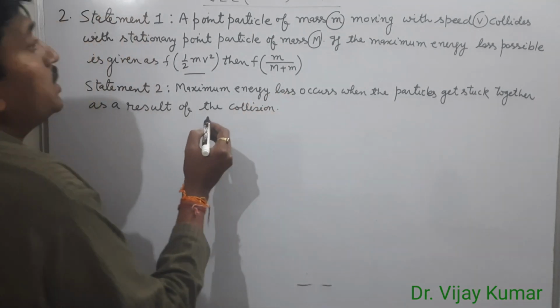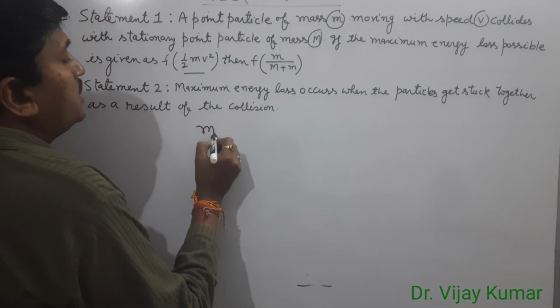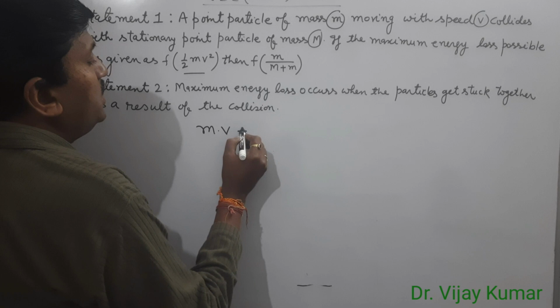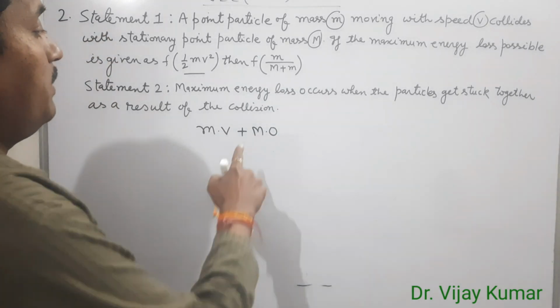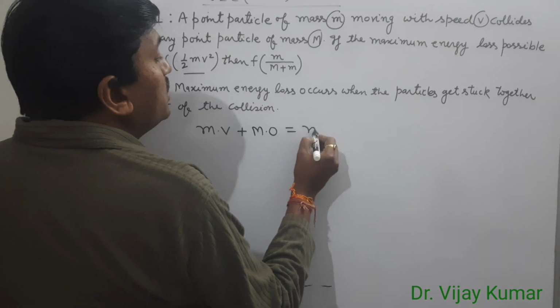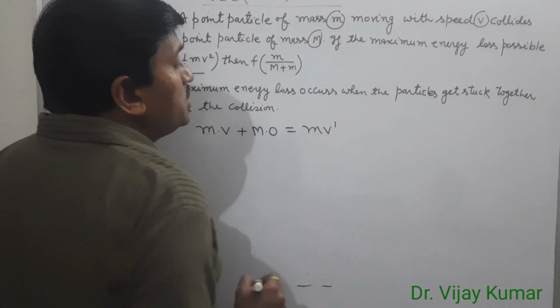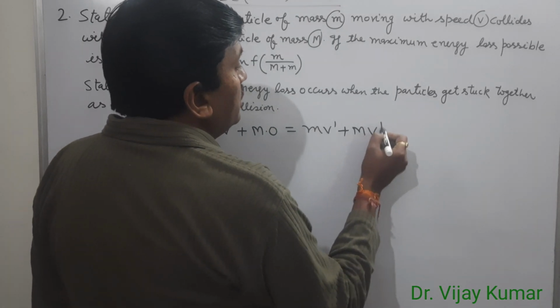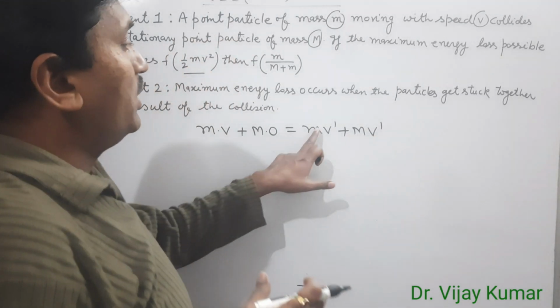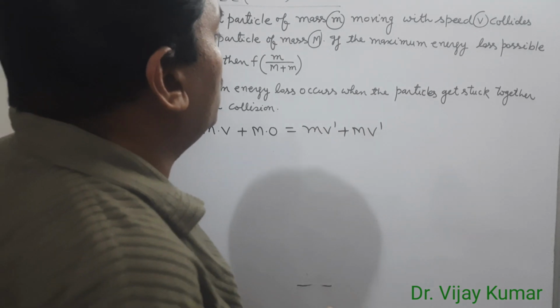So before collision, mass small m has velocity v, and it collides with the stationary particle of mass capital M. After that, suppose the velocity becomes v dash, and after they collide, the velocity of both particles becomes equal to each other.